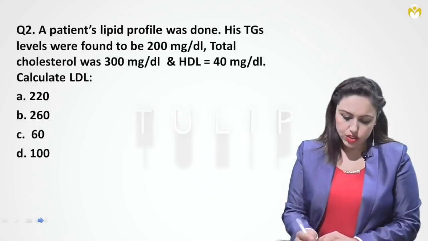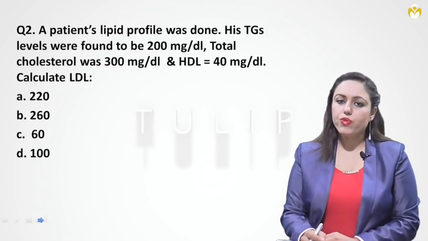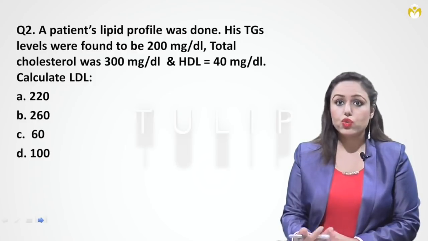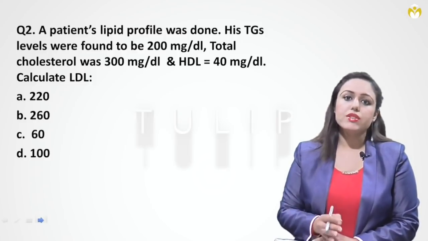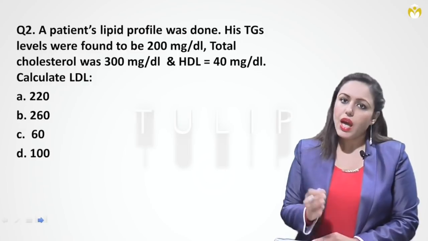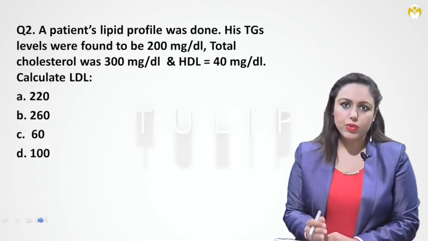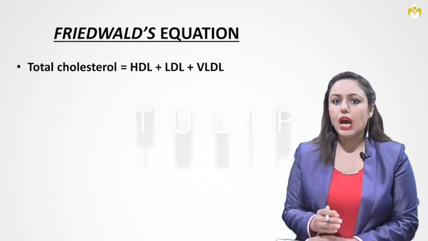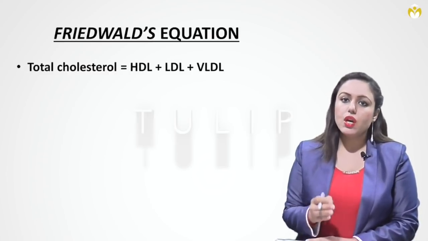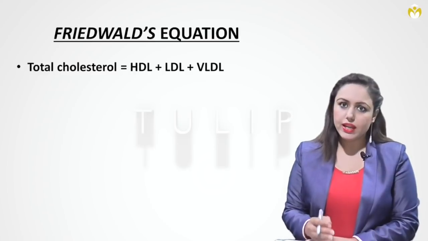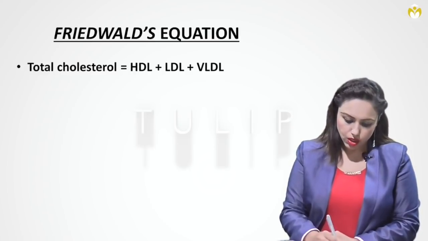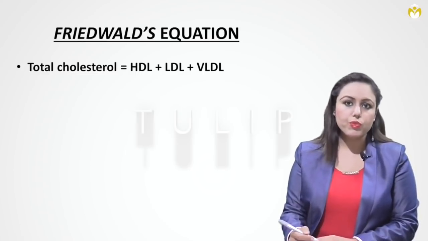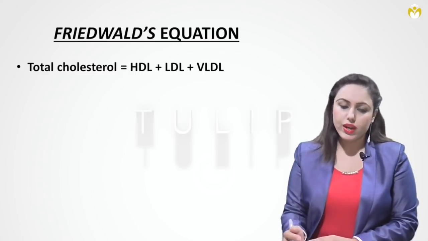Okay. Next question is, a patient's lipid profile is given. They are giving you the levels of triglycerides, cholesterol and HDL, and the units are milligram per deciliter, and they are asking you LDL. How much is the LDL of this patient? So how to calculate LDL? We have Friedewald's equation, which is total cholesterol is equal to LDL plus VLDL plus HDL. So when we are measuring the lipid profile, then we are not measuring VLDL, we are measuring triglycerides.